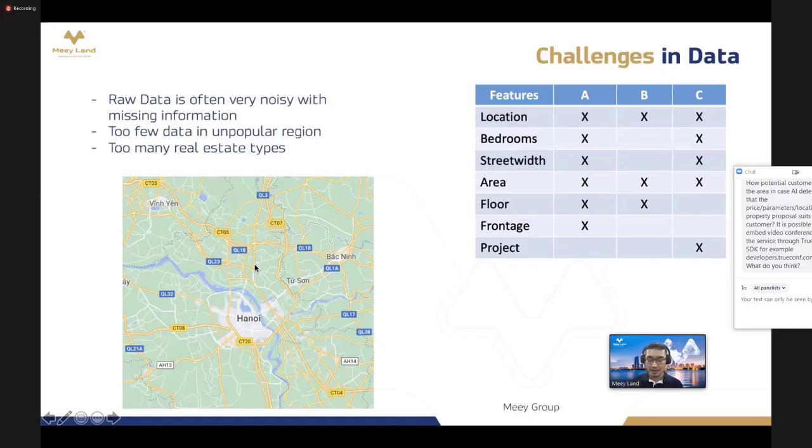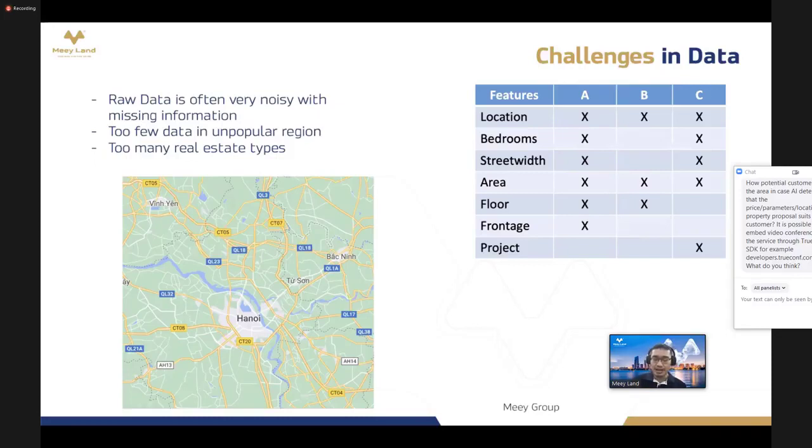And also we have many types of real estate. We have renting apartments, trading houses, trading villas. Altogether we have roughly 40 types of real estate, and each type is totally different from the others. So we have to develop a model for each type to work well.